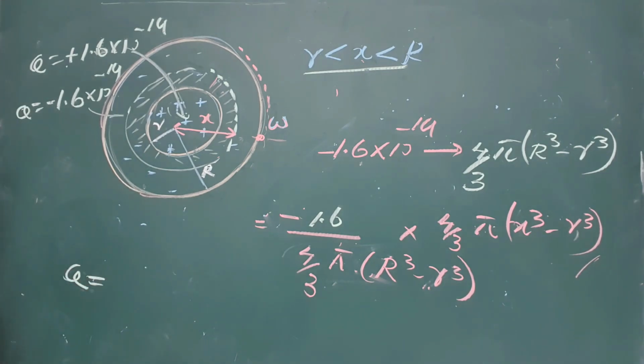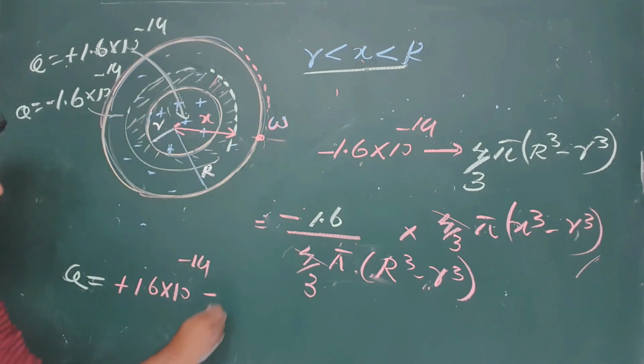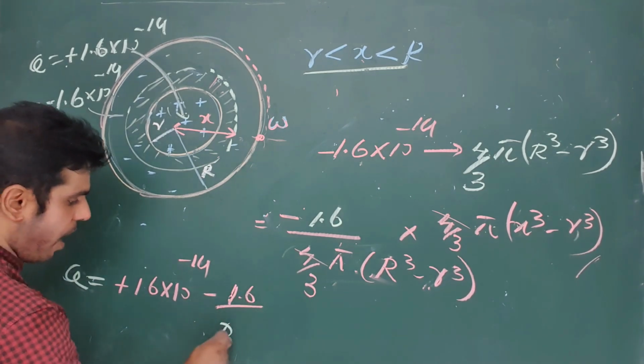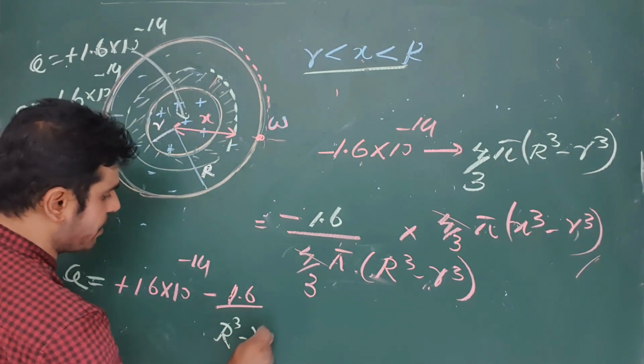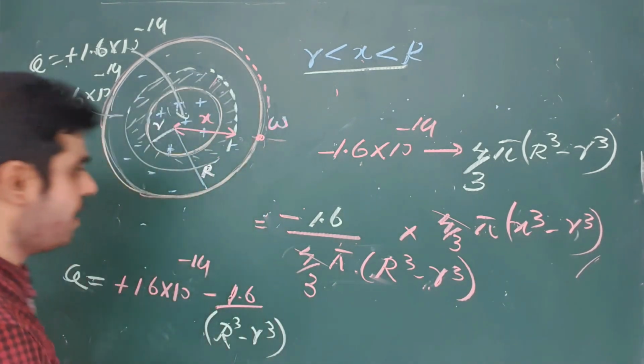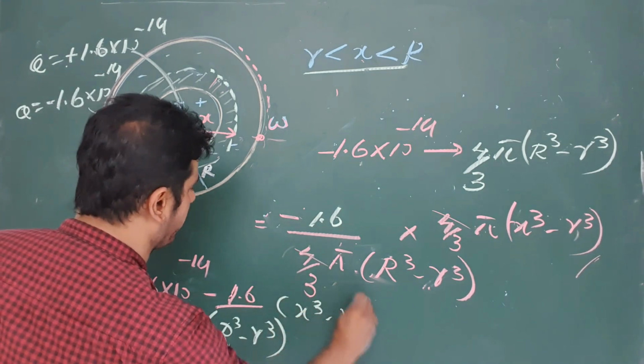Now this is the total charge inside the Gauss surface: plus 1.6 into 10 to the power minus 19, minus 1.6 divided by (capital R cube minus small r cube), into (x cube minus small r cube).